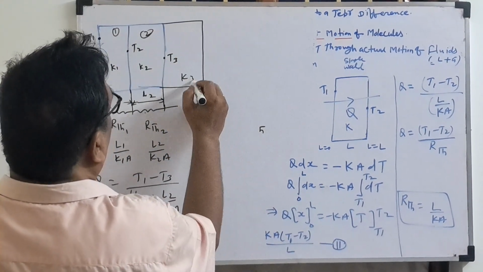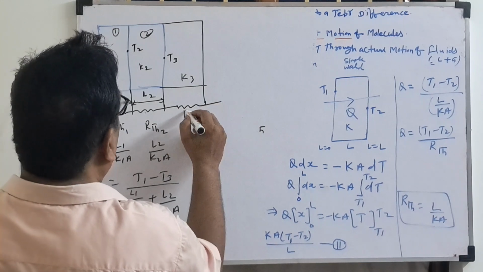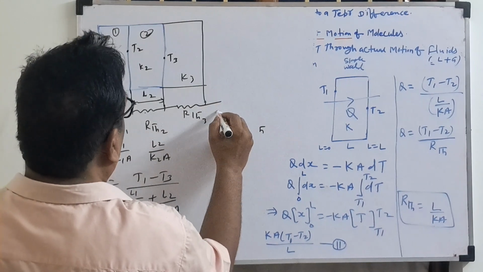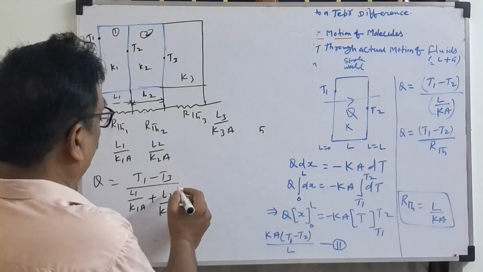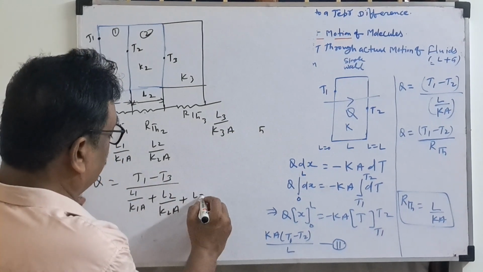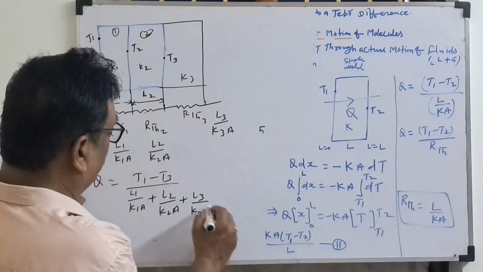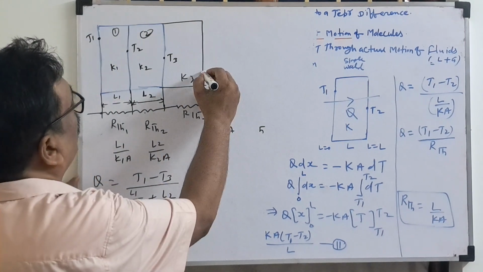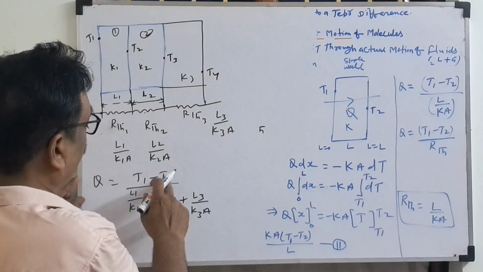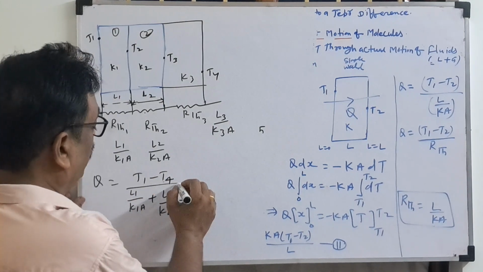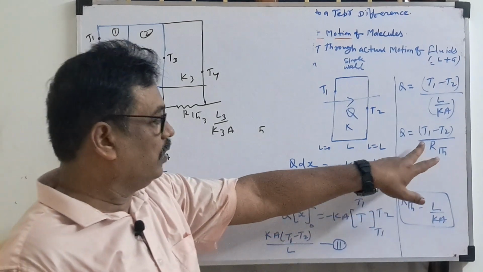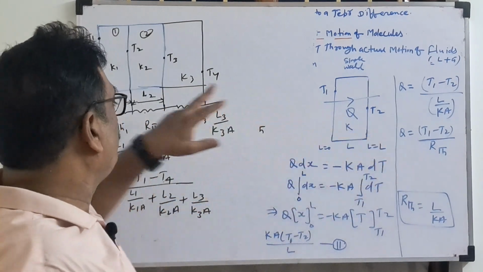This is K3, and the thermal resistance will be R thermal 3, L3 by K3A. So what will change here? L3 by K3A. What will change in the overall temperature? T1 minus T4. If you know how the single wall formula comes, you know this.